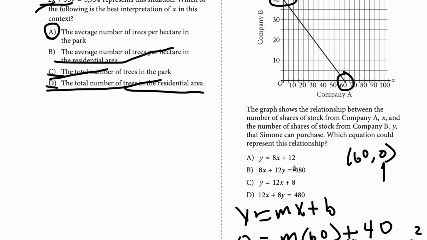So off the bat, we can already erase option A and option C because the slopes are positive. Now let's simplify option B. So we do 12y equals negative 8x plus 480.